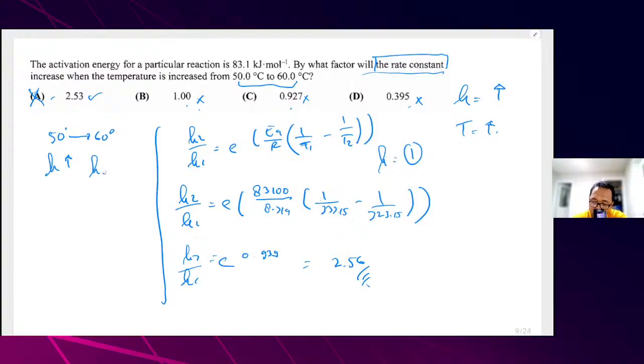If K1 is the original one, there is no change, right? What's happening if we increase from 50 to 60? It won't decrease, and it won't stay the same, so it should be A. If we don't remember the equation, just remember this.